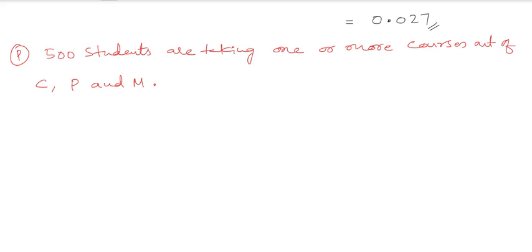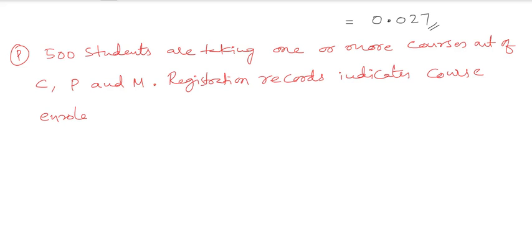C means chemistry, P means physics and M means mathematics. Registration records indicate course enrollment as follows.